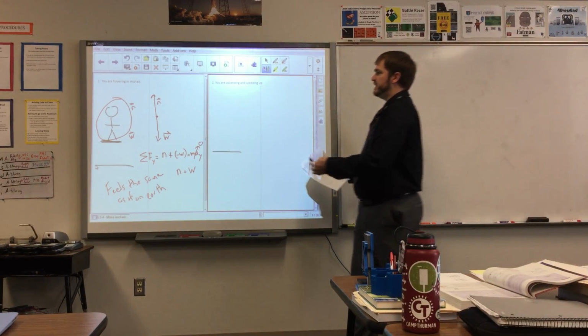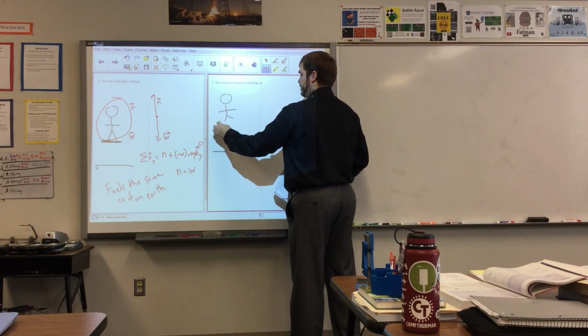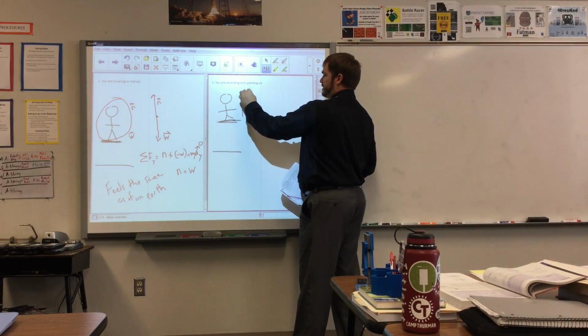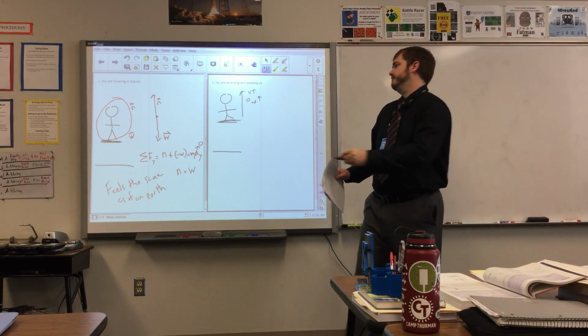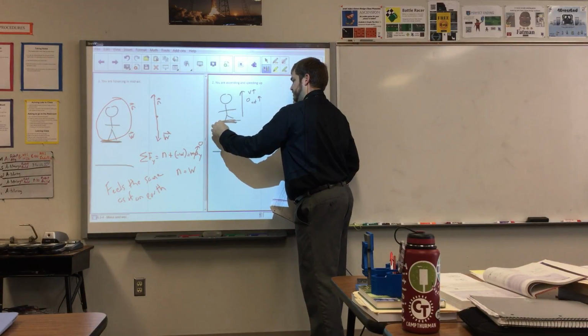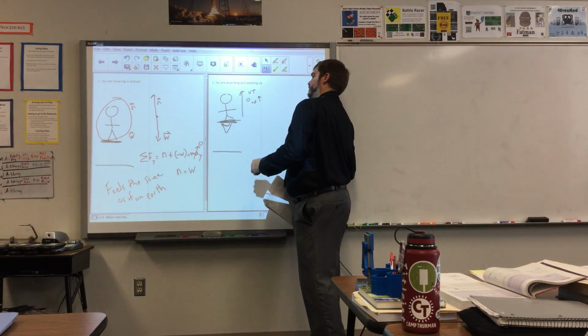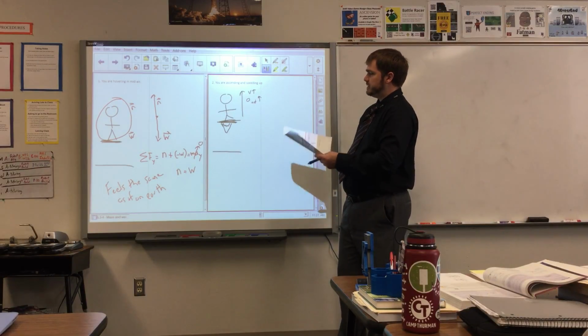Alright, you are ascending and speeding up. So now we can draw the planes. We've got velocity upwards, and the net acceleration is upwards. Velocity is going upward.